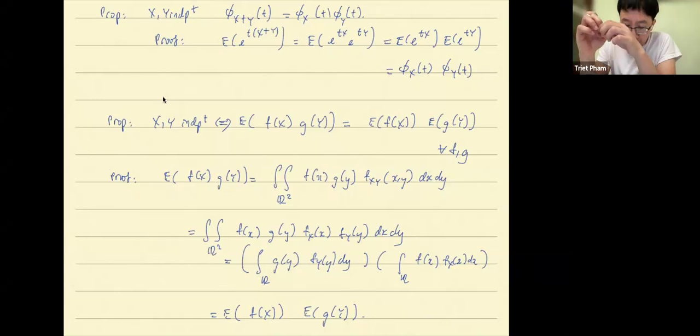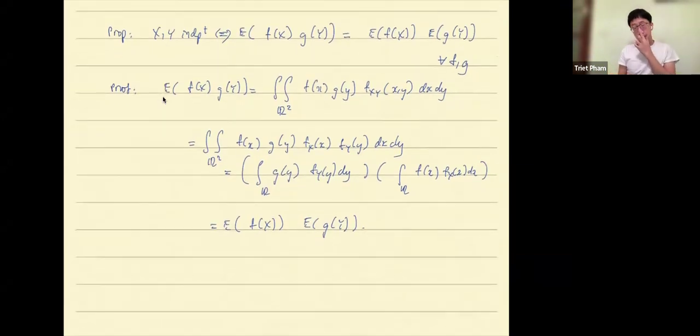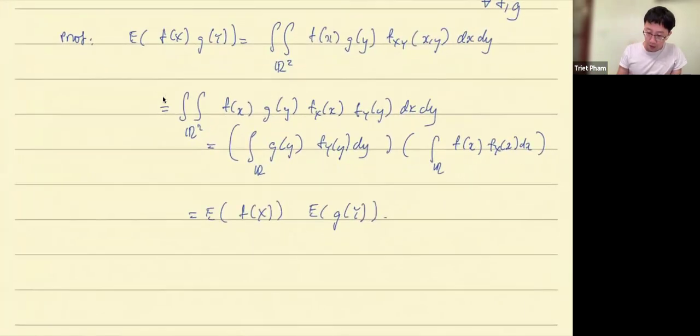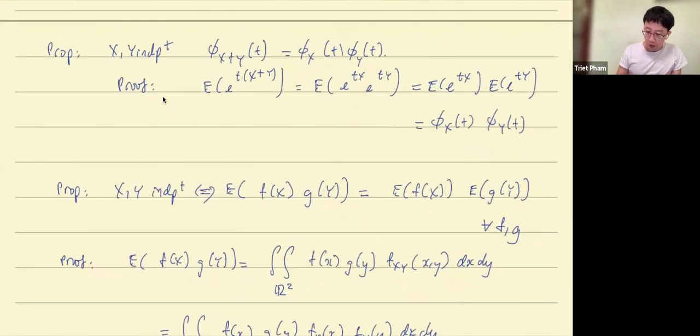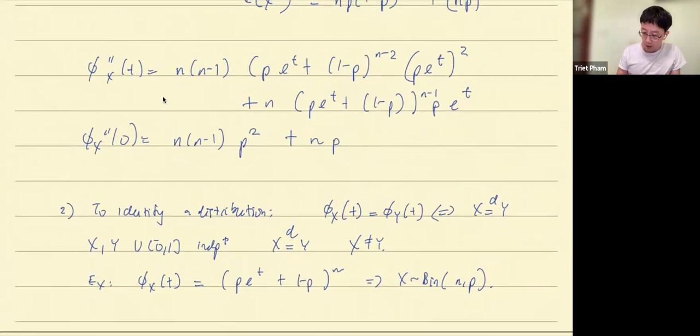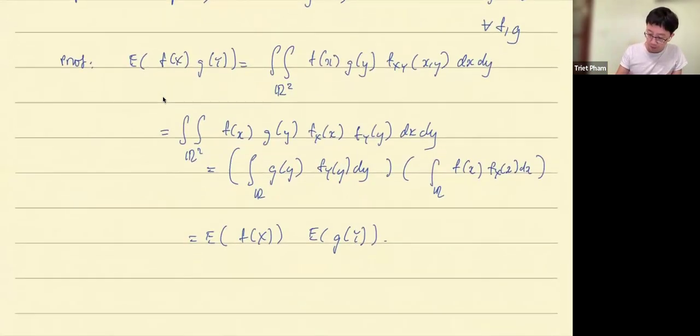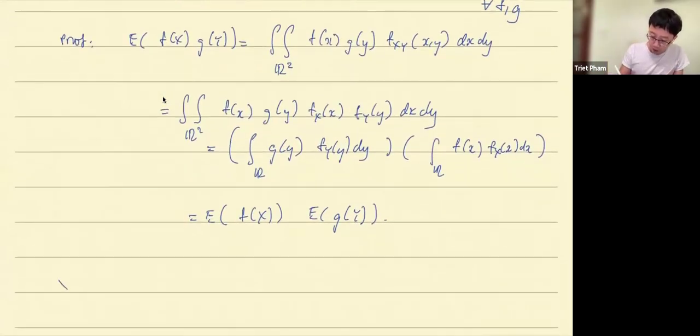Okay, now let's go to the real punchline of this part. Let's recall that if you have a Bernoulli(p), then its moment generating function is p e^t + 1 - p.